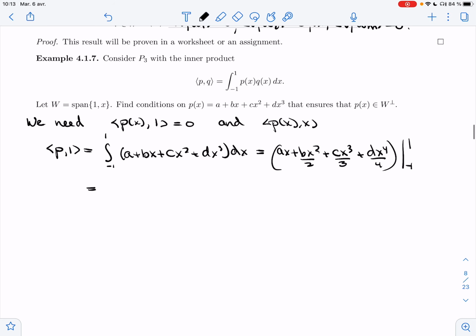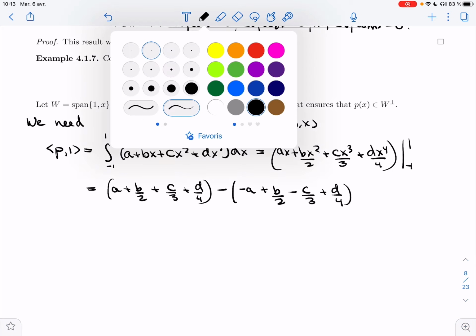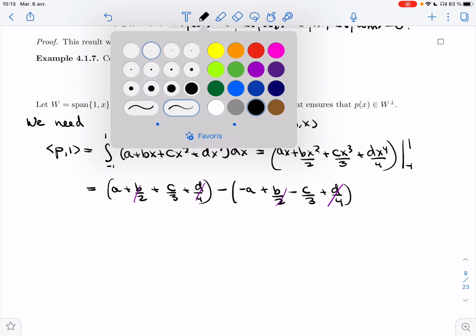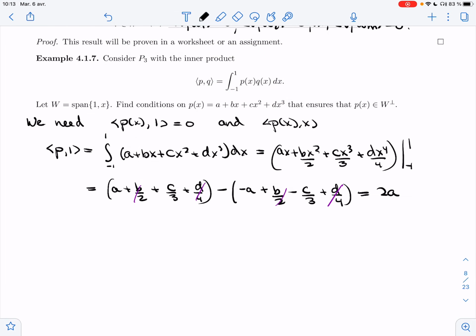And so I got a plus b on 2 plus c on 3 plus d on 4, minus, minus a plus b on 2 minus c on 3 plus d on 4. So some of the terms cancel, some add up. So these cancel and I get 2a plus 2c on 3, and that must be 0. All right, so that's the first condition.